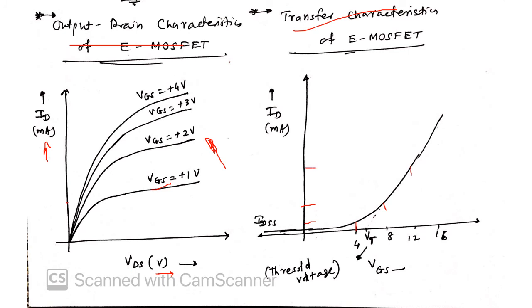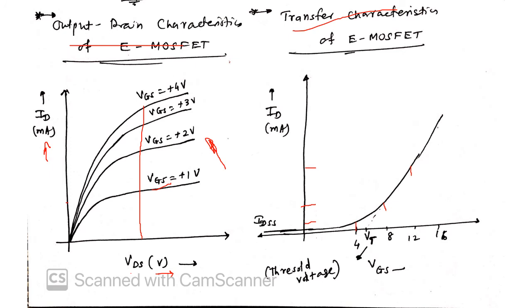At a constant VDS voltage, this is how you can find the ID current. That drain current has been shown here for a constant VDS.